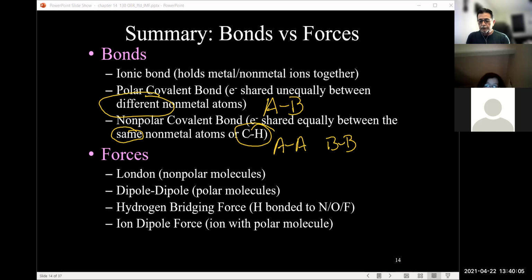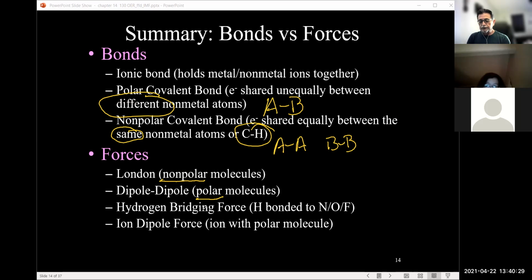London forces. Only those molecules that are nonpolar, that's the force they have. Okay. The dipole, first of all, they have to be a polar molecule. So we're talking about covalent compounds here, right? Polar molecules.